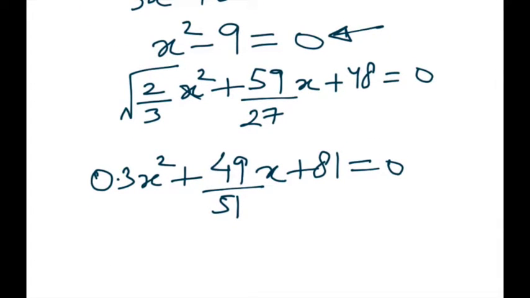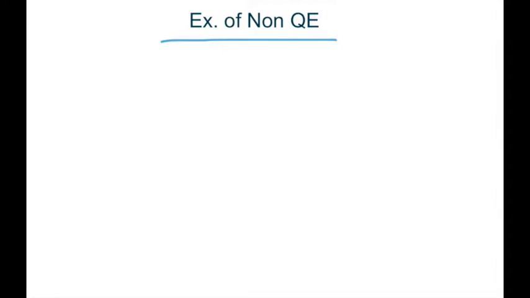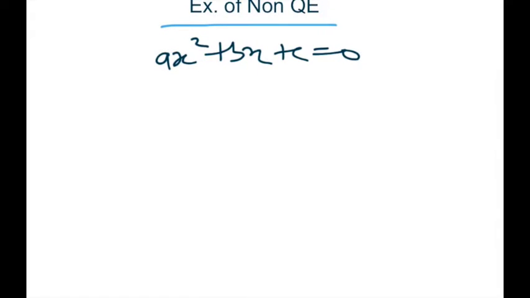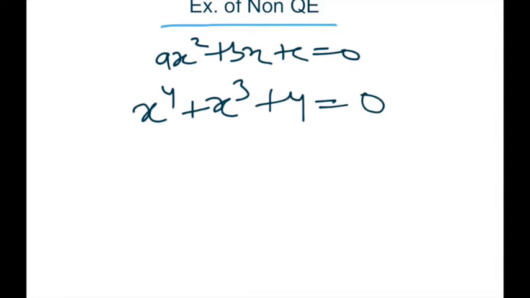Now let's see some examples of equations which are not quadratic. So it's very simple. Any equation which is not in this form, ax square plus bx plus c equals to 0, is not a quadratic equation, right? Let's take some examples of these also. So this is clearly not quadratic.